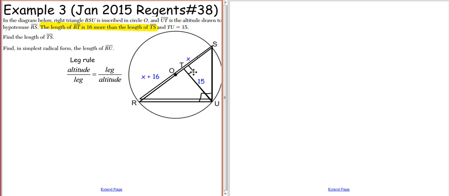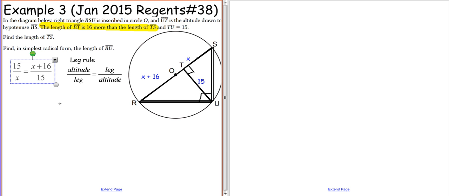It's a leg of this one, the one I just moved around. And X plus 16 is the leg of this right triangle here. Let's just put these back to where they were. So now using that rule, I could say 15 over X equals X plus 16 over 15.